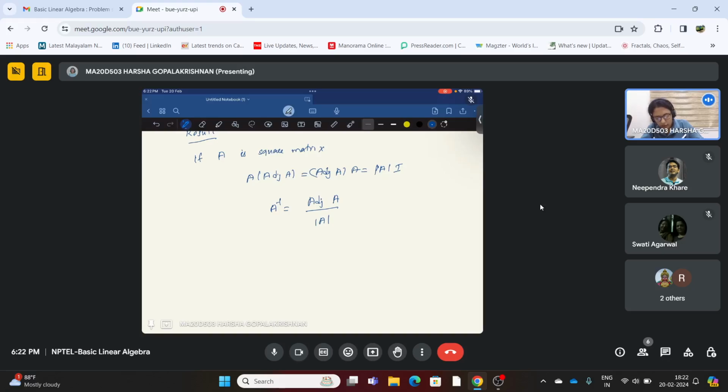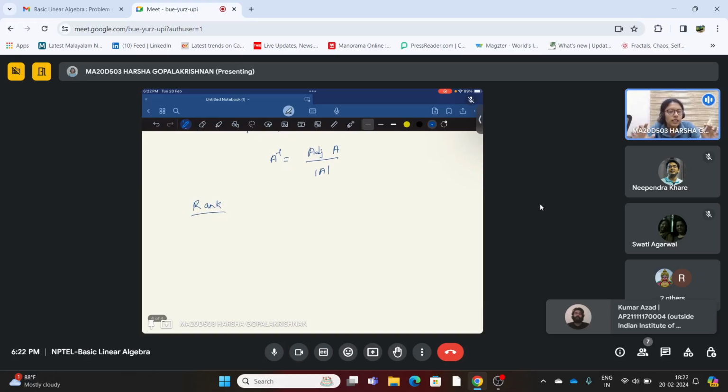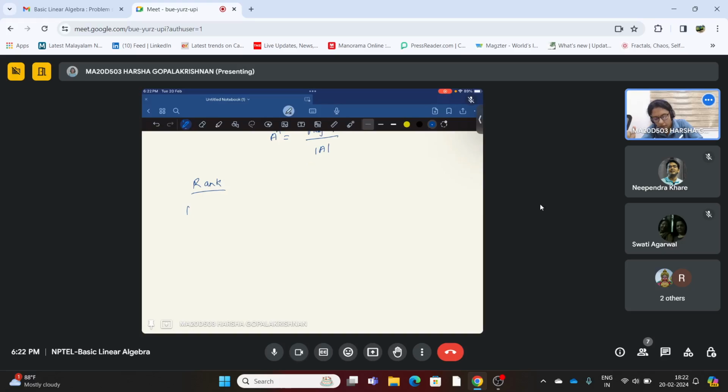Now we have the concept of rank. We already know what rank is, we have already seen it, but using determinants we can also redefine the rank. Okay, so if A is a square matrix, actually it is not needed to be a square matrix, any matrix is fine.